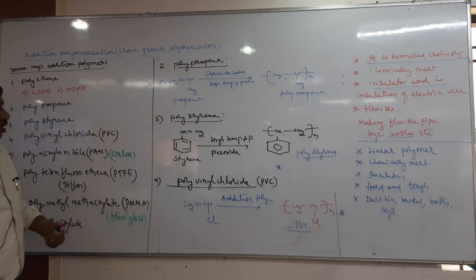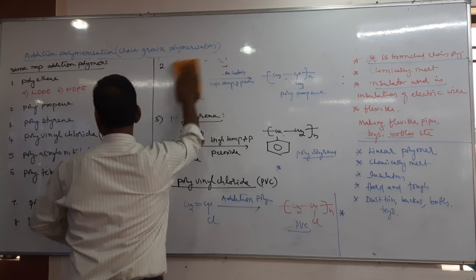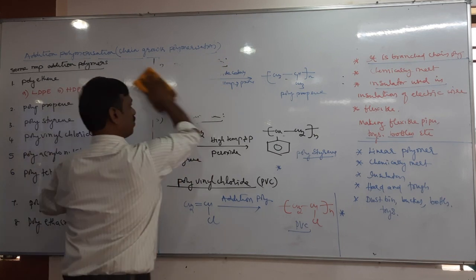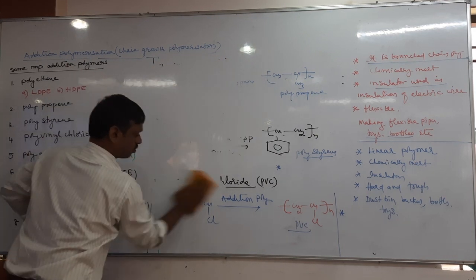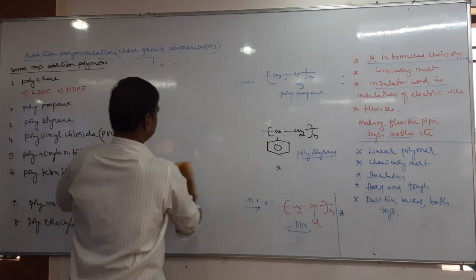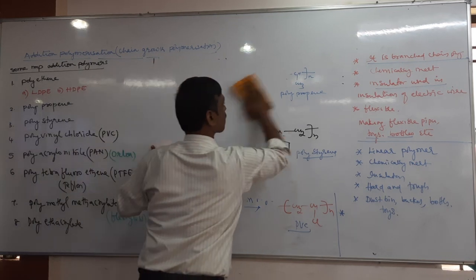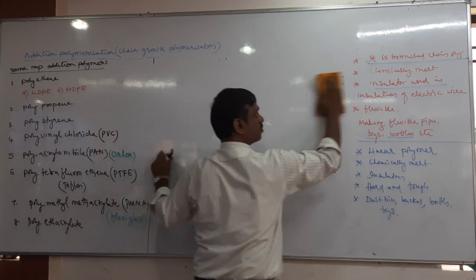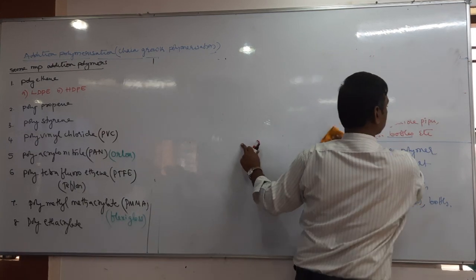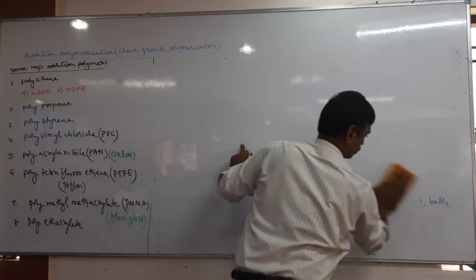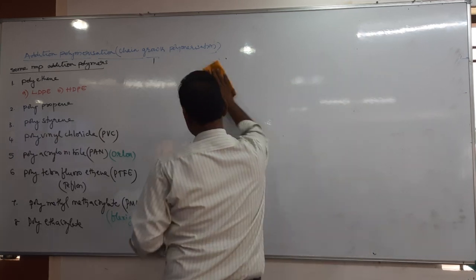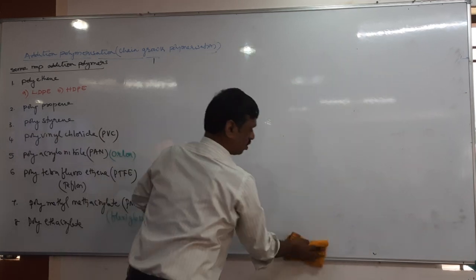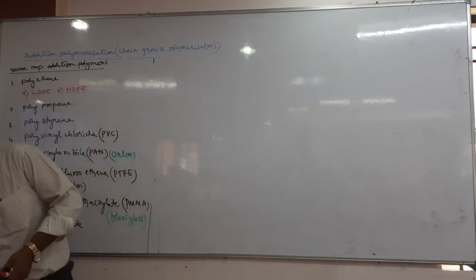Okay. So next polymer is polyacrylonitrile.